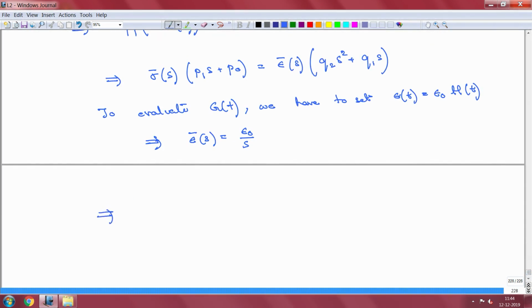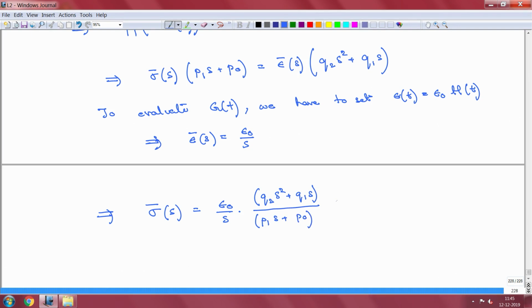Now if we substitute this value into this equation, for sigma bar we have q2 s square plus q1 s times epsilon naught in the numerator. In the denominator we have s multiplied by p1 s plus p naught.